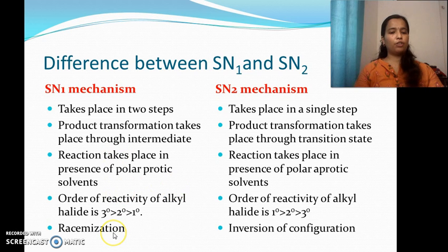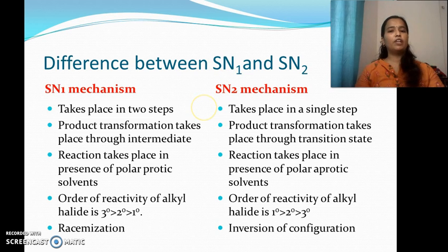And regarding the nature of the product, we get a racemic mixture by SN1 mechanism, or we observe racemization or racemic modification, whereas in SN2 mechanism we get an inverted product, or we observe inversion of configuration. So these are the differences between SN1 and SN2 mechanism.